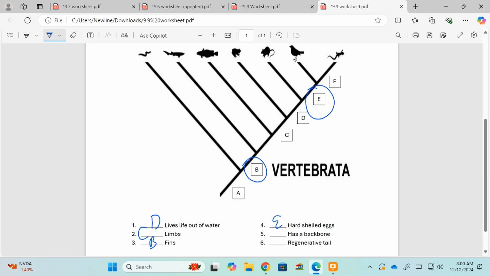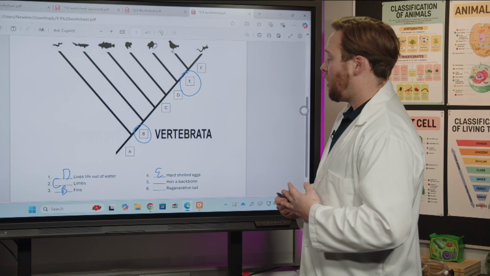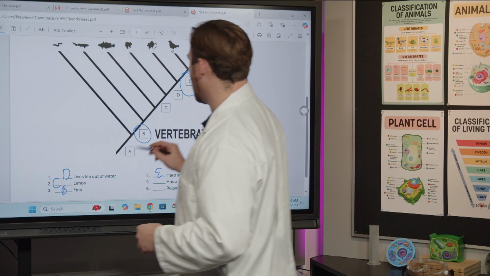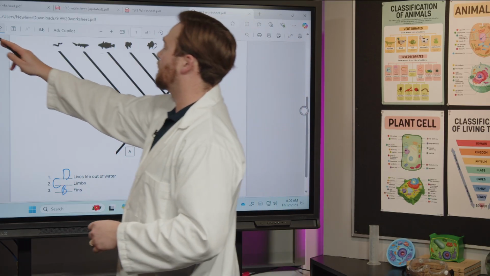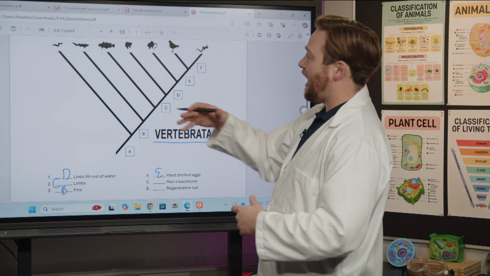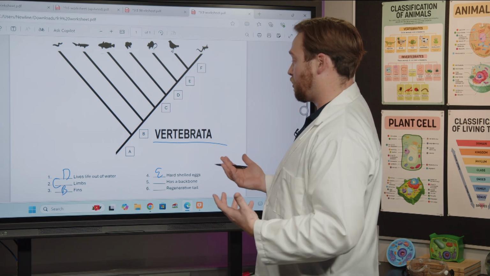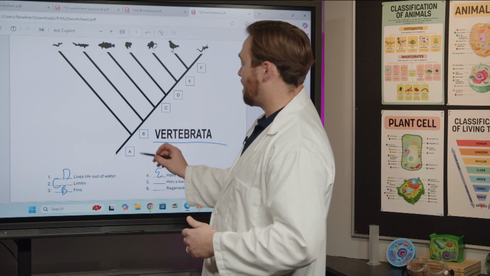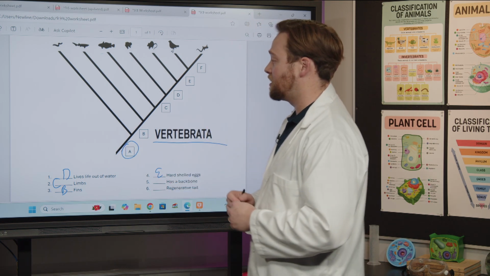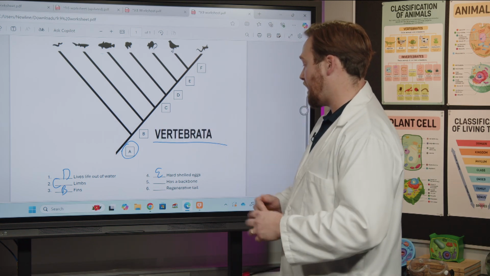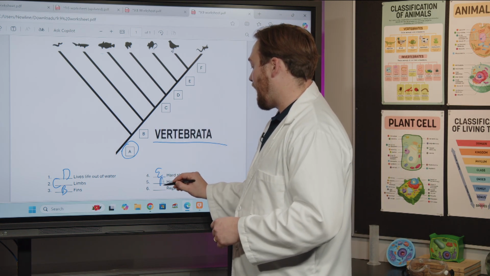So we'll put letter E right there for 4. All right, the next one, 5, says has a backbone. Okay, well, you can see here that the name of the cladogram is Vertebrata. And so that means that everything on here is a vertebrate. And so which of these would have a backbone? All of them have a backbone. And so the best answer choice here is A, because that's telling us everything on this chart has a backbone. So we'll go with letter A for that one.